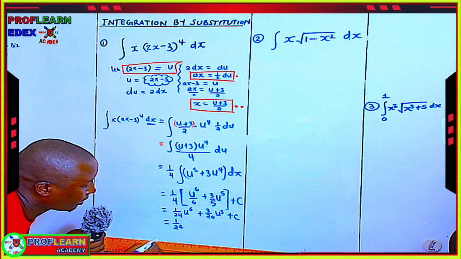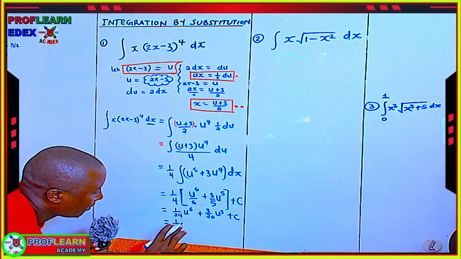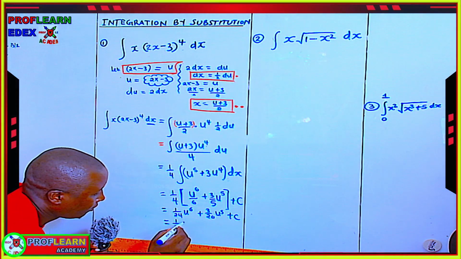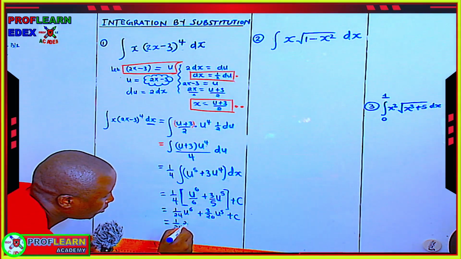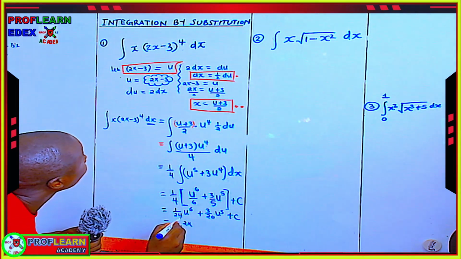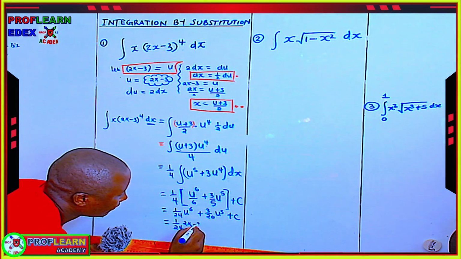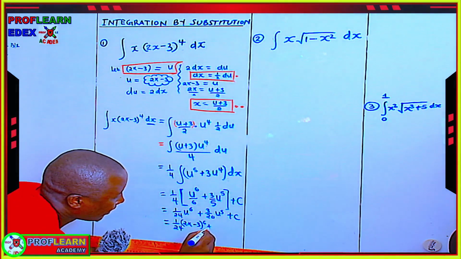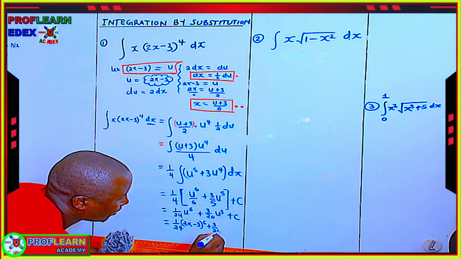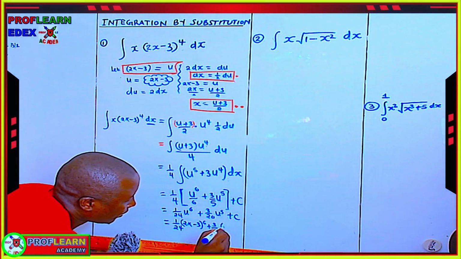Then this is going to be the integral of u raised to power 1 over 2, times negative 1 over 2 du. So I can take this constant out of the integral. I'll have minus 1 over 2 integral of u raised to power 1 over 2 du. So if I integrate this, what do I get? I increase the power by 1 and then divide by the new power.